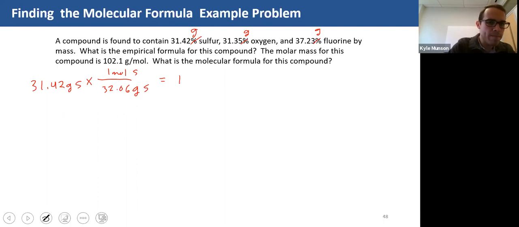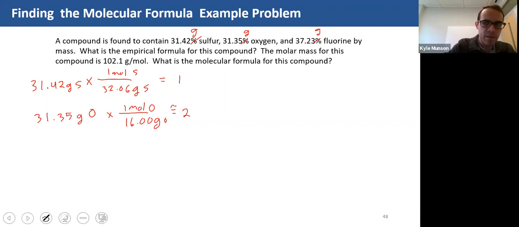It's going to be about 1, and about 2, and about 2.